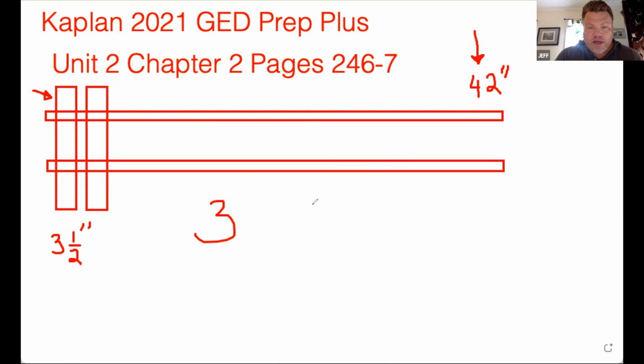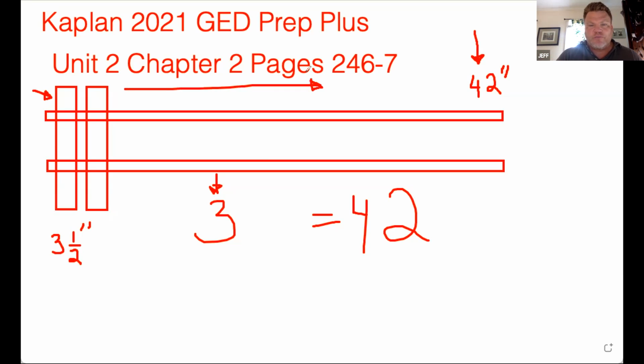And the total length that has to be covered is 42 inches. Then this is 3 inches, and every time I add a new board, it gets longer. I'm covering more of the fence area. How many times am I going to put 3-inch boards down until I get to 42 inches? That's what times means for multiply.